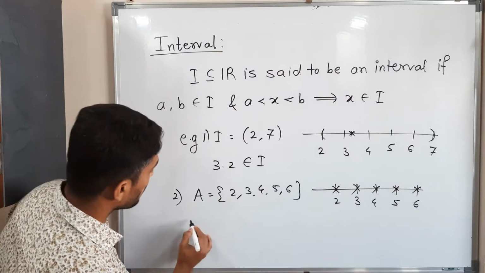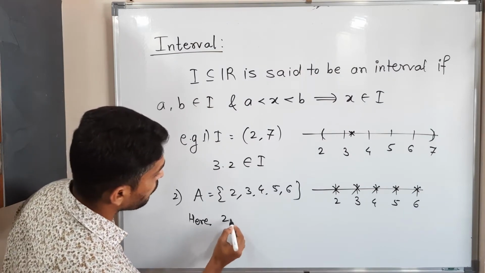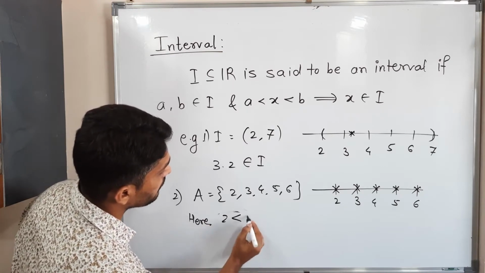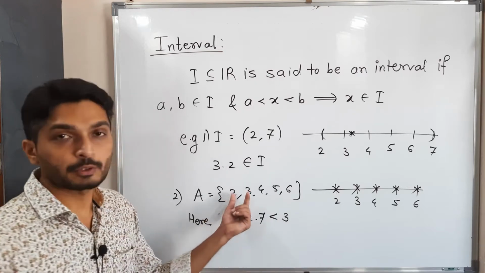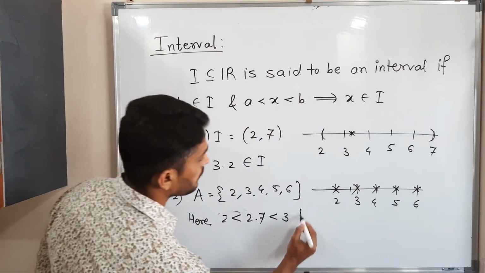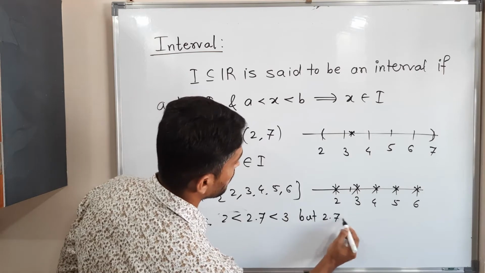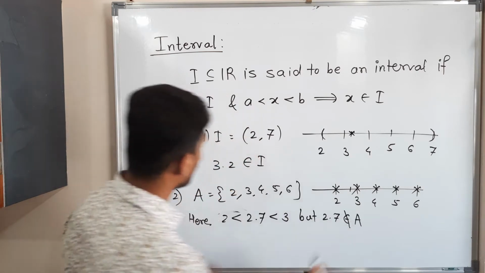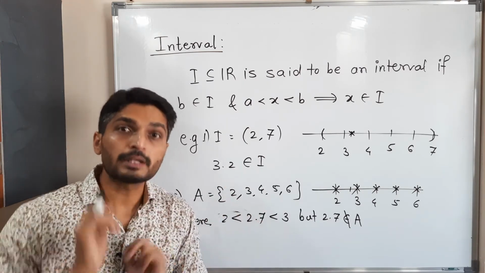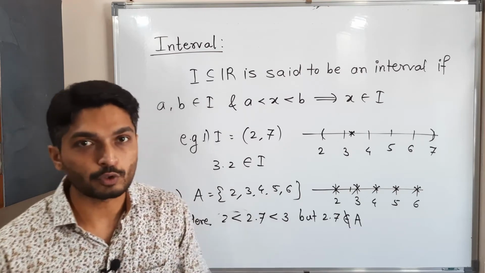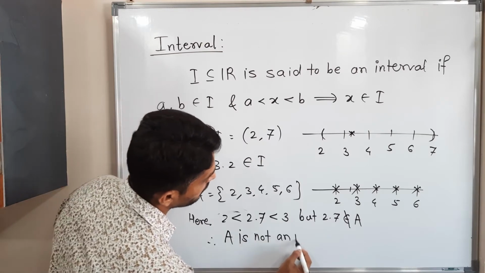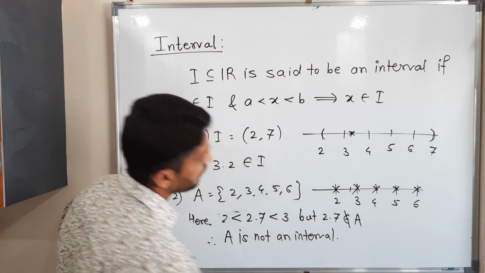See here, 2.7 lies between 2 and 3, and 2 and 3 are elements of this set, but 2.7 does not belong to A, since A has only these 5 elements. That means if you select two points of a set, the point between them does not belong to the same set, so therefore A is not an interval. I hope all of you understood.